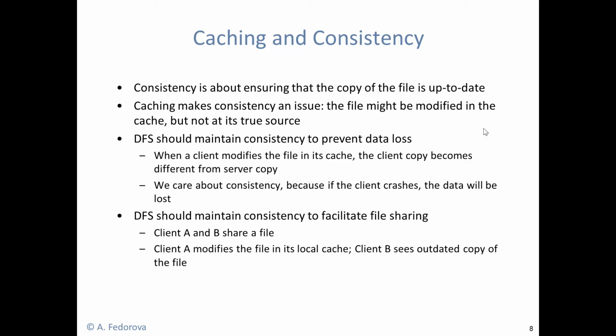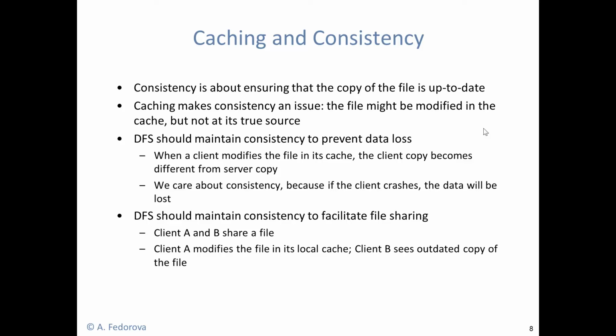Even if we have a single file and a single client, suppose that a client modifies the file in its cache and the client copy becomes different from the server copy, and then the client crashes before propagating the changes, so the data will be lost. So what do we do to avoid this kind of situation, or to minimize the probability that our data will be lost? This is an important design consideration.